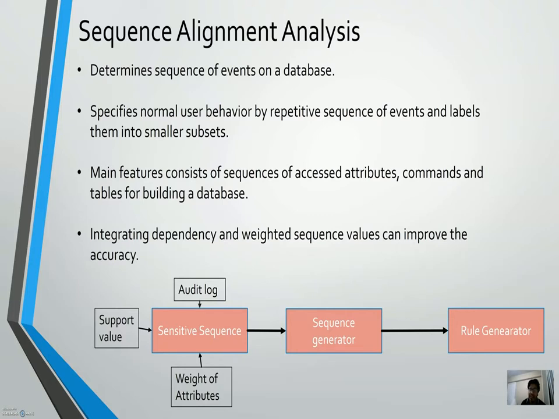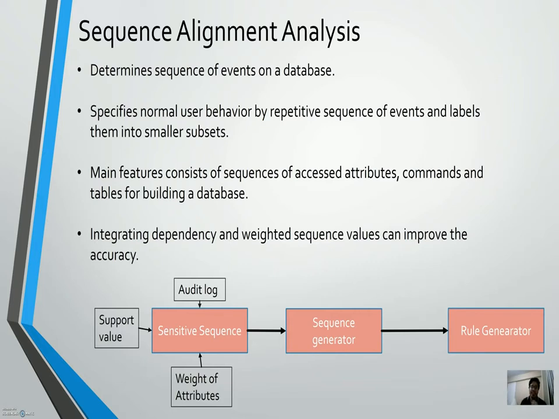A database can be composed of different tables and different attributes. One of the advantages of sequence alignment analysis is that it takes the whole database as a feature. We can integrate dependency and weighted sequence to improve the accuracy.